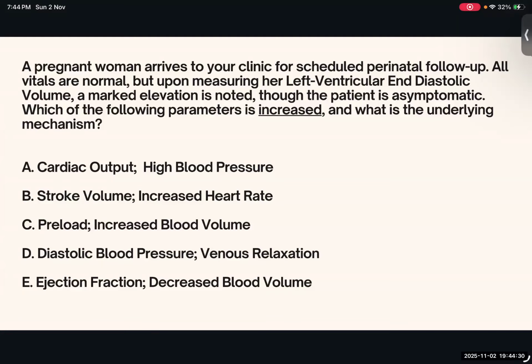This one is a bit tricky, so take your time with the question. Is it B? B, stroke volume and increased heart rate. Okay, can you tell me why you think it's B?